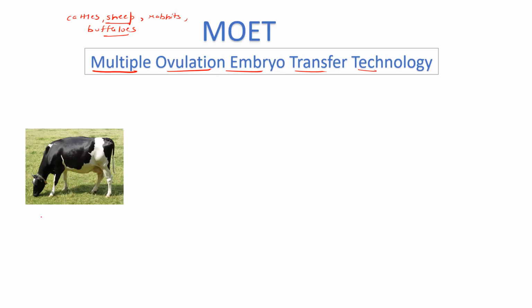So we will take a superior cow and inject it with follicle stimulating hormone.